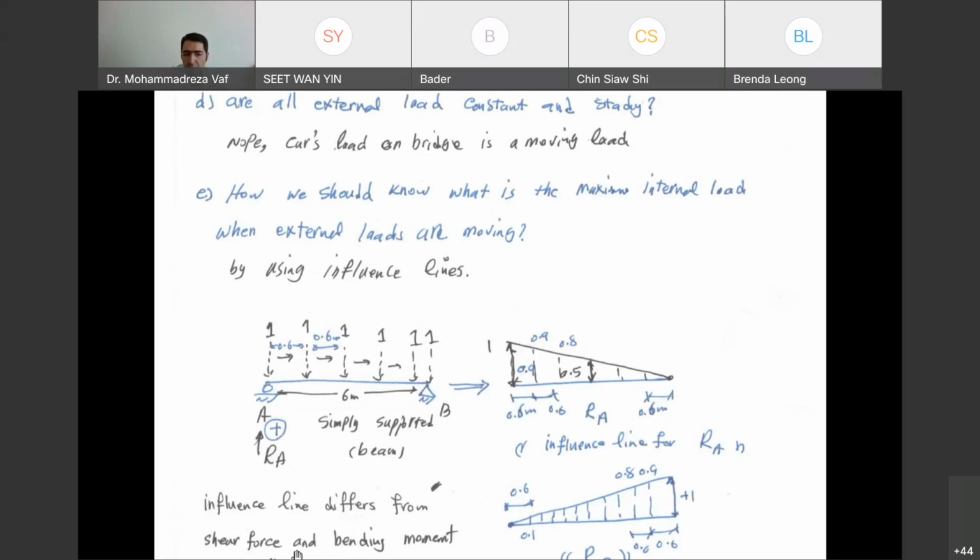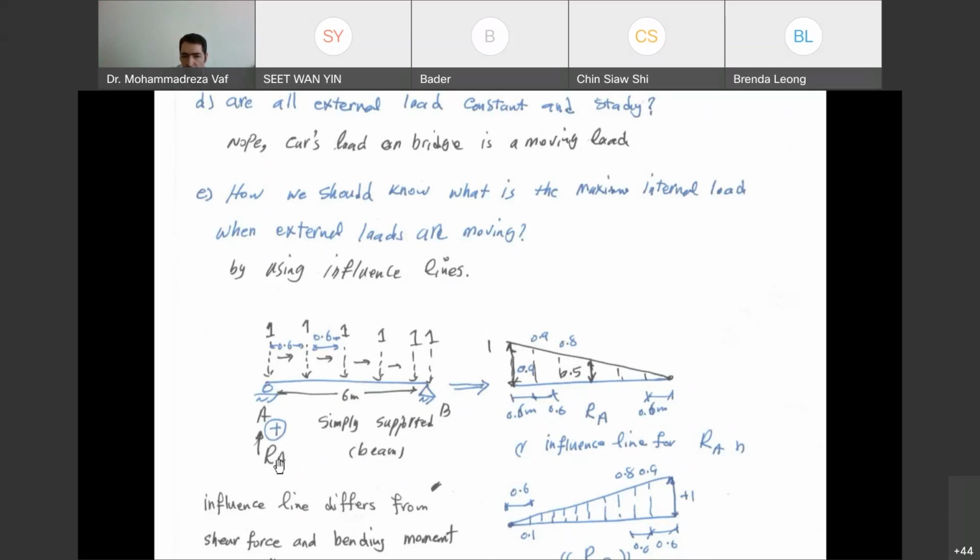So this curve basically is the one that we call the influence line of support reaction at point A. This line shows me that when the load is moving from A to B, how RA is changing. So you cannot say that this is a support reaction in any location.